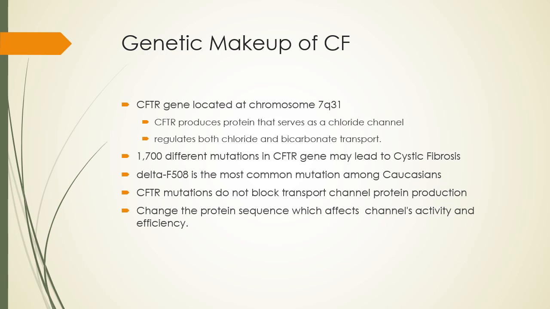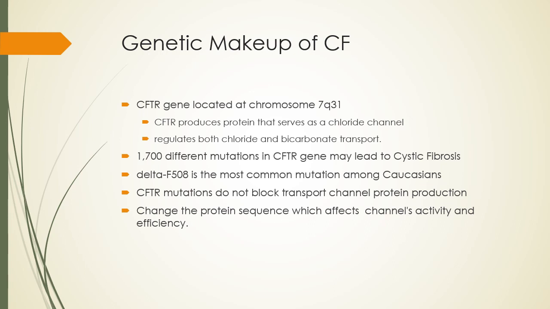Because of that many mutations, the severity of the disease may vary. Also, it affects at what age the person will start having symptoms and which organs will be involved.